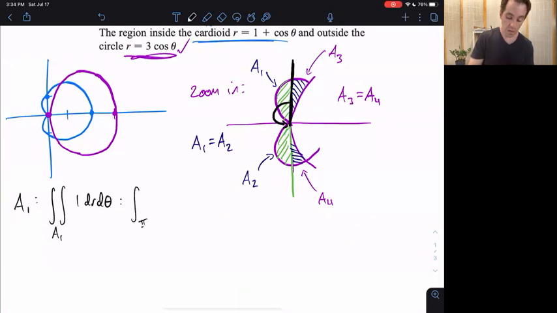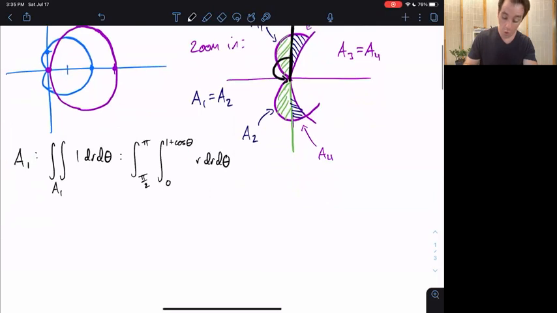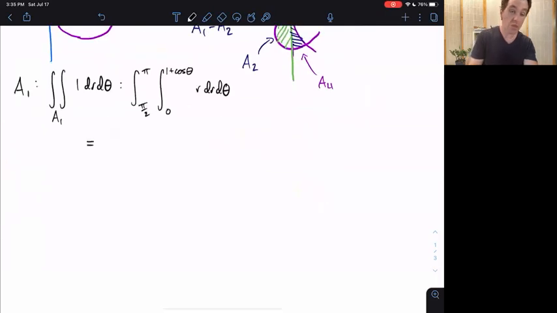So theta goes from pi over 2 to pi, and r will go from, what did we say, from 0 to 1 plus cosine theta, of r dr d theta. Okay, at this point, it's just computational, so no big deal.